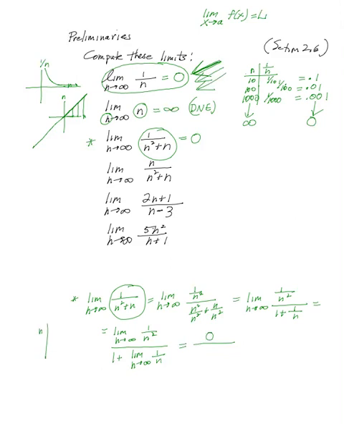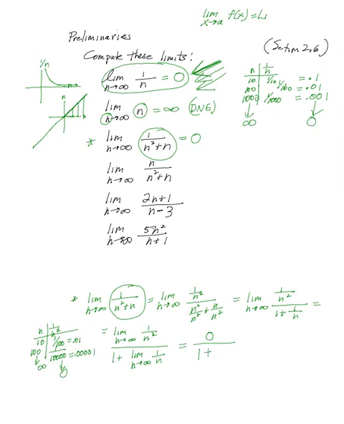Here's n, and here's 1 over n squared. 10, I get 1 over 100 equals 0.01. 100, I get 1 over 10,000, which is 0.0001. As n is approaching infinity, 1 over n squared is approaching 0.